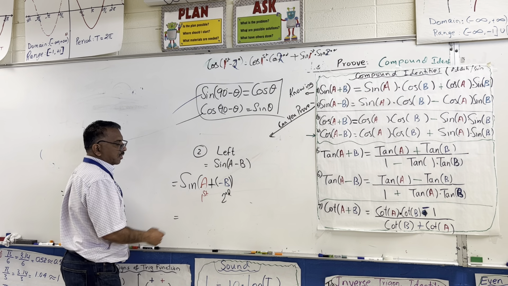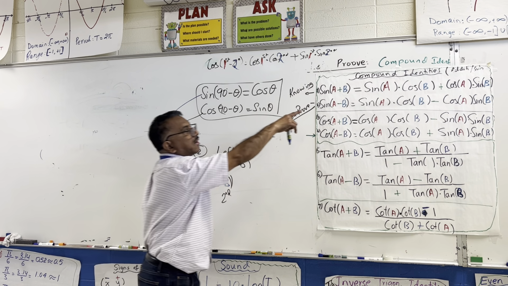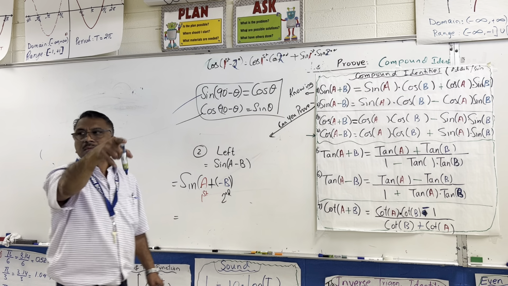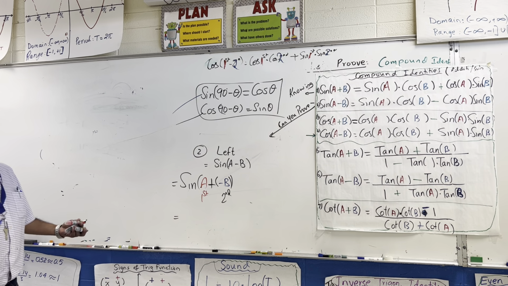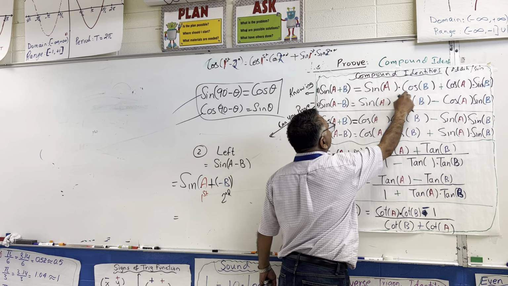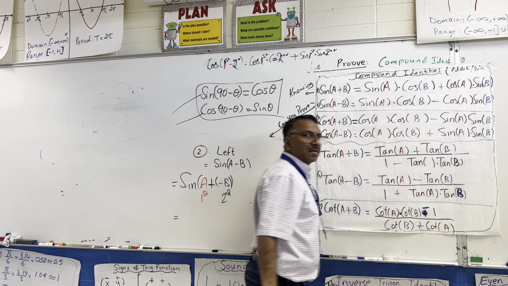So this equals, what should I write? Sine of the first. The formula is right here: sine A cos B plus cos A sine B. Remember that whenever the formula is for sine, you need to use both sine and cos, but for the cosine formula it is always cos cos, sine sine.